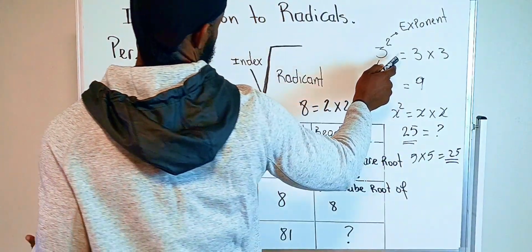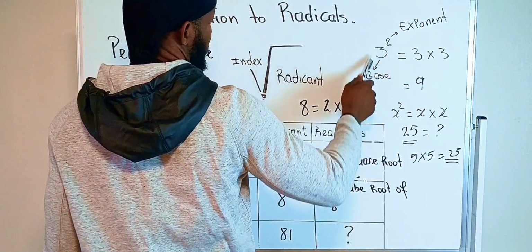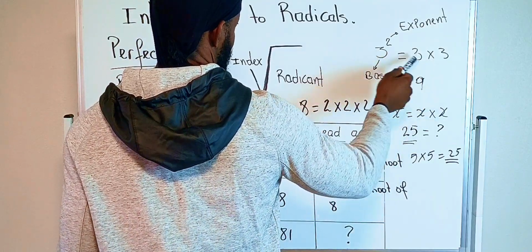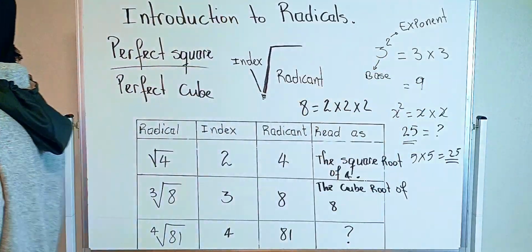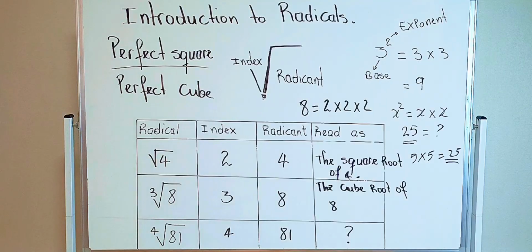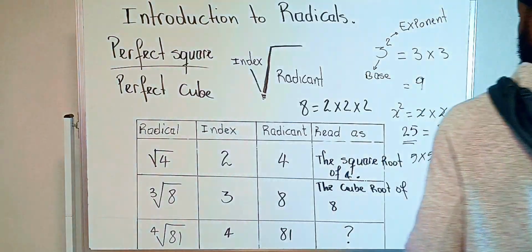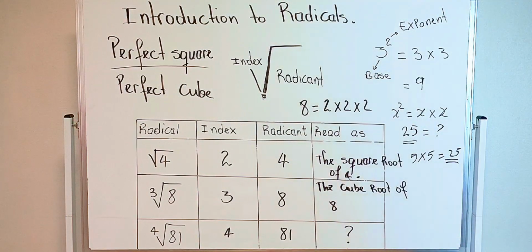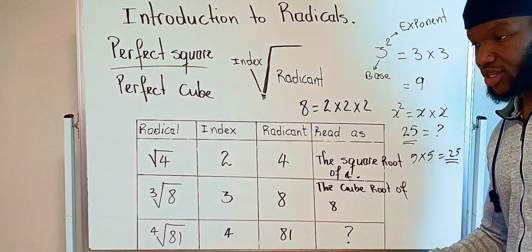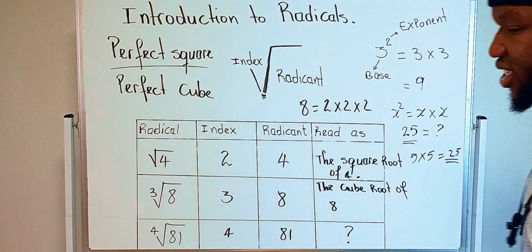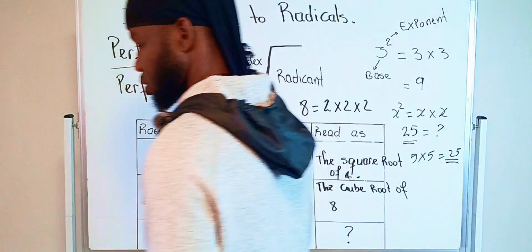So 3 to that power is written like this: 3 multiplied by 3. You multiply the base by itself as many times as the exponent tells you to. This is how it works. I do this recall in order to bring up the perfect square and perfect cube, so you can understand it.